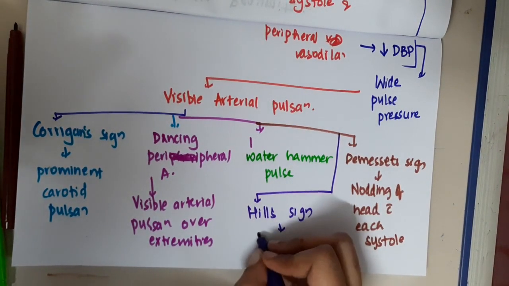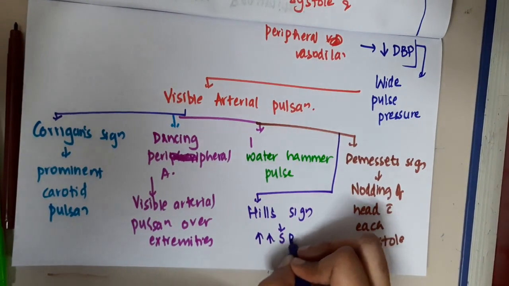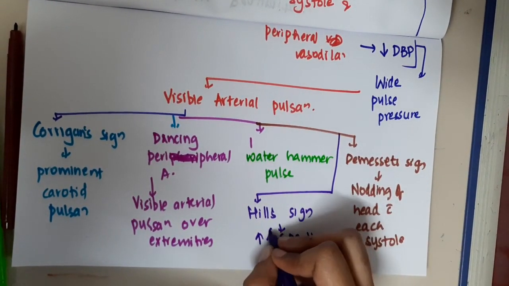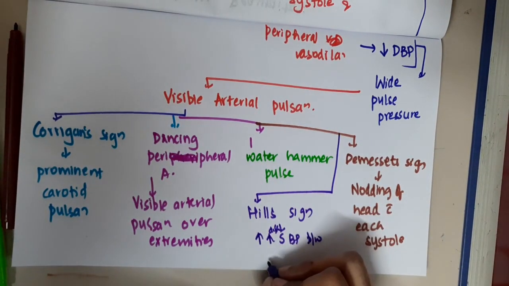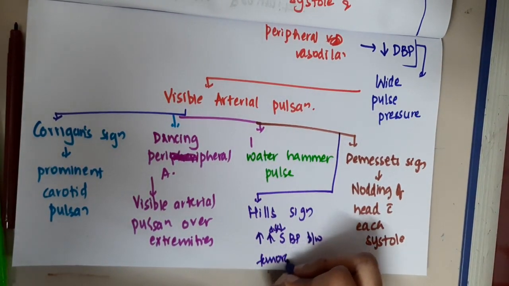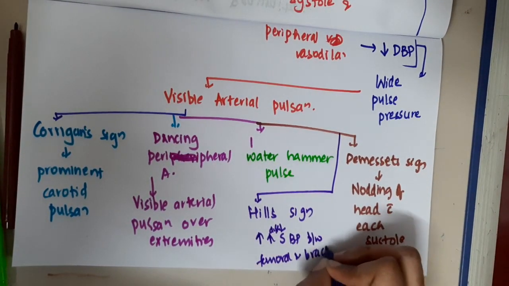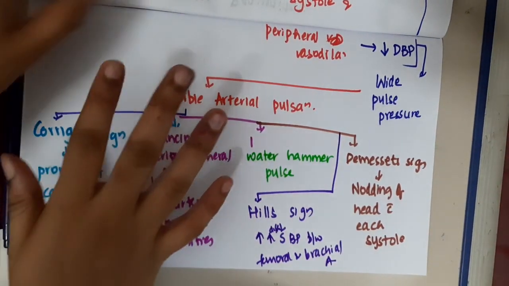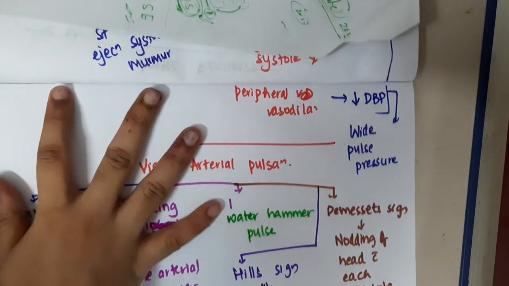In this there is an increased difference in systolic blood pressure between the femoral and brachial artery. So these are some important signs.